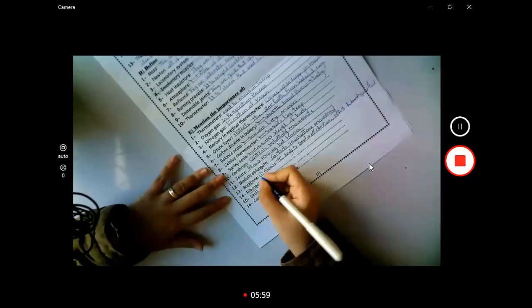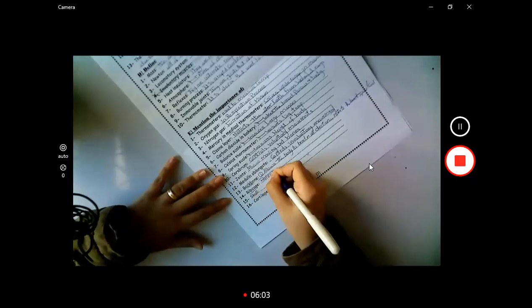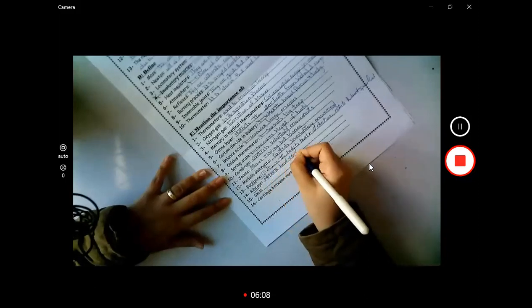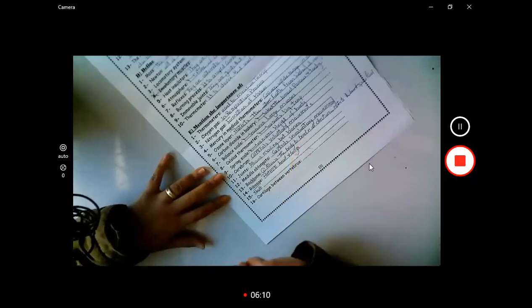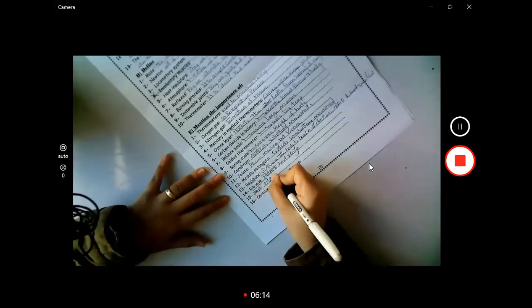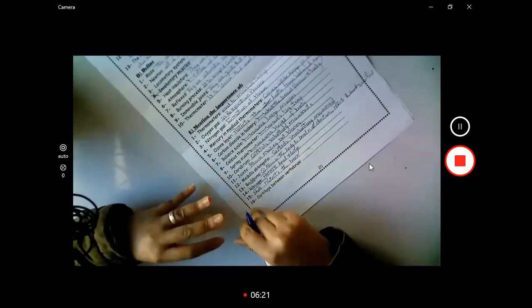Rib cage protects heart and lungs. Skull protects the brain, a bony box to protect the brain.